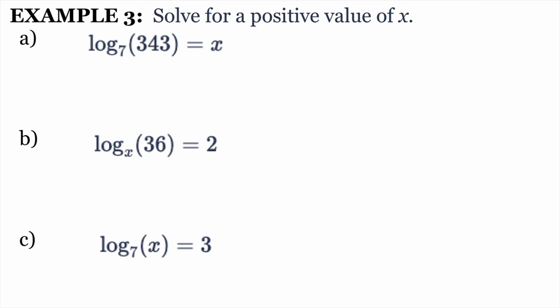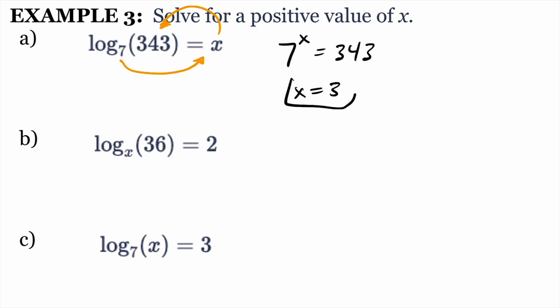So over here, I'm saying 7 to what power makes 343? 7 to the first, 7 to the second, 7 to the third, 7 to the fourth, 7 to the fifth. Which one is it going to be? 3. 7 times 7 times 7 makes 343.